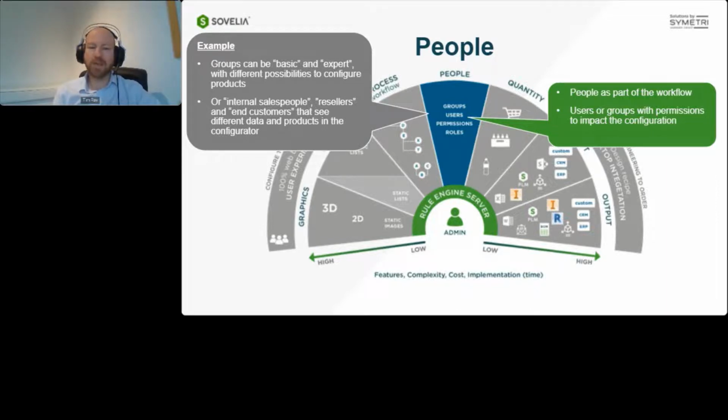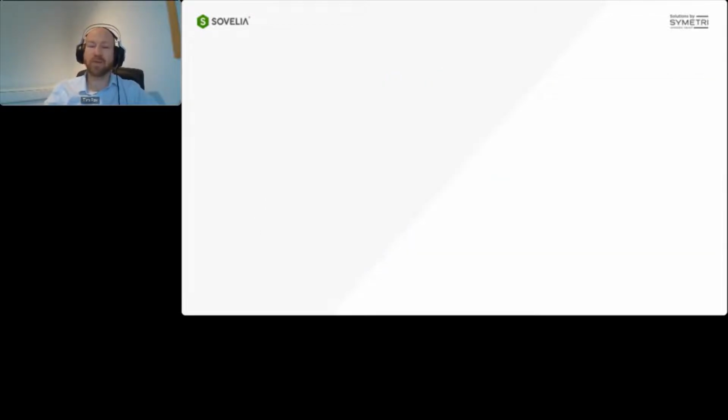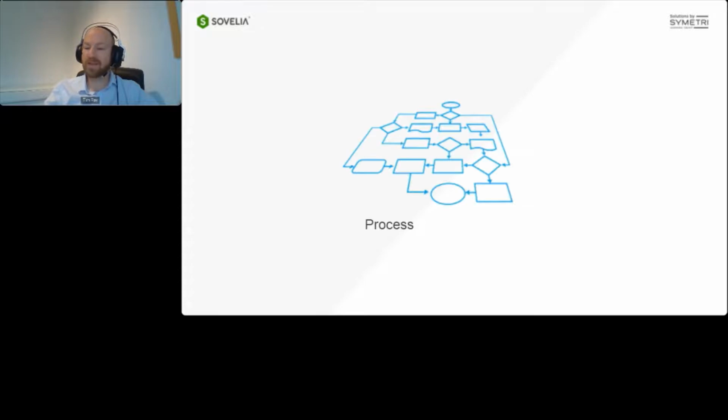Maybe you could have an internal salesperson, a reseller, and an end customer. The end customer might get some options, things like color and adding in options. A reseller might get some more choices that they could make. And then internal sales might get access to all of the configuration options. So again, it depends on who you log in as to what you have. Process is great, but it's nothing without the people.